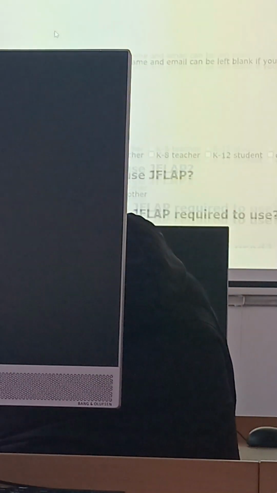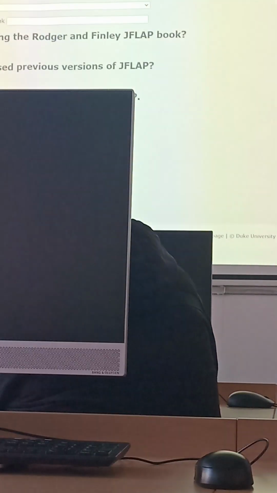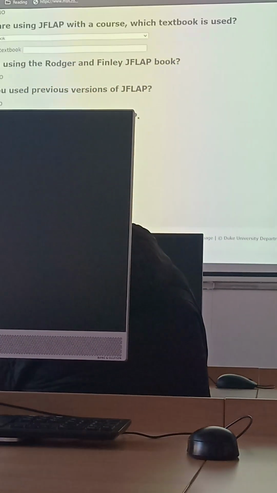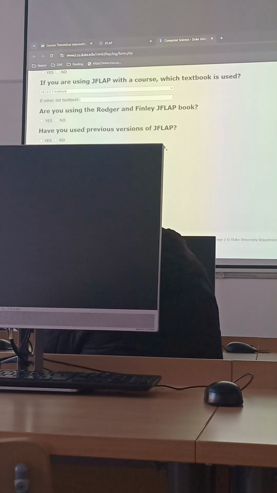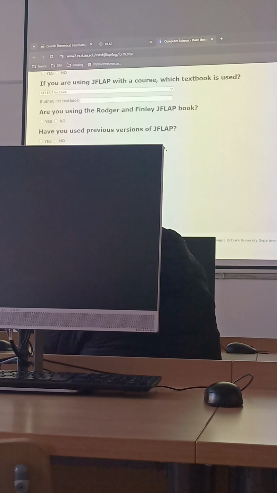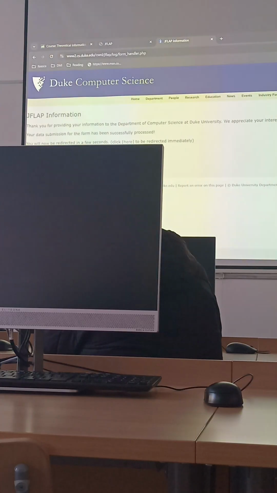Here you don't need to fill in all this information. You just need to fill in this captcha, right? So if you type this captcha and press submit, then I think it will start automatically.